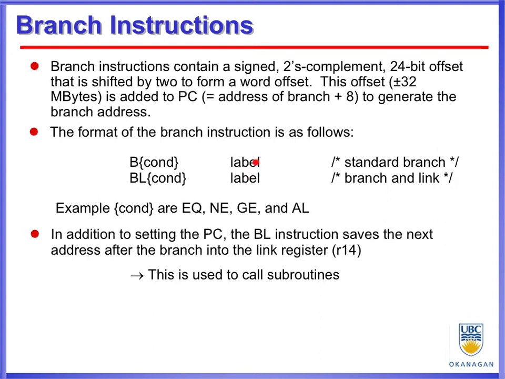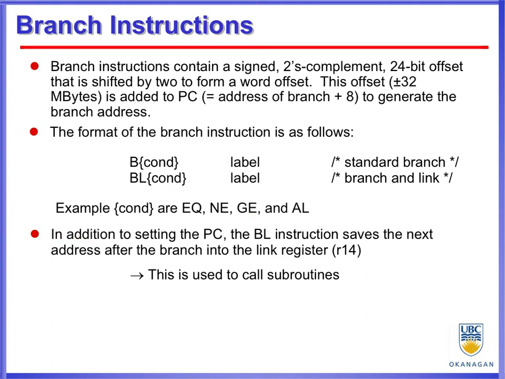This is the address of the instruction you want to go to if this branch condition is true. Or if there's no condition, it just means always branch, right? When you get to that point, go here. BL is branch and link. This is for subroutines that we're going to talk about in a few minutes. Okay, so example conditions are equal, not equal, greater than or equal to, or always, like I've said.